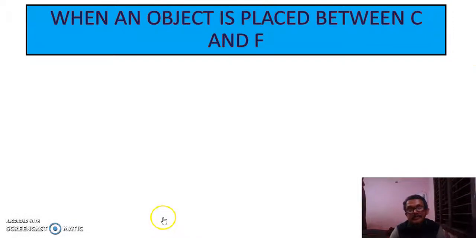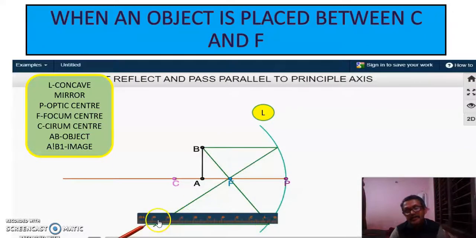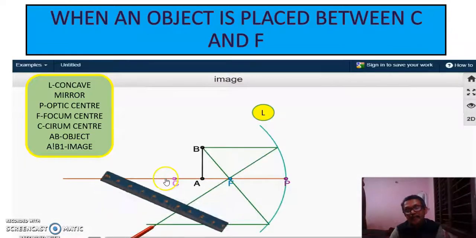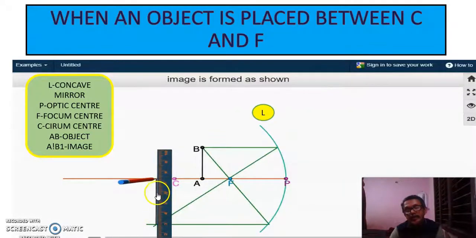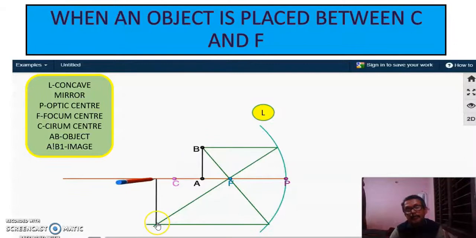Okay, they intersect each other. Then from this point draw a parallel to the principal axis. Now this is the image formed.